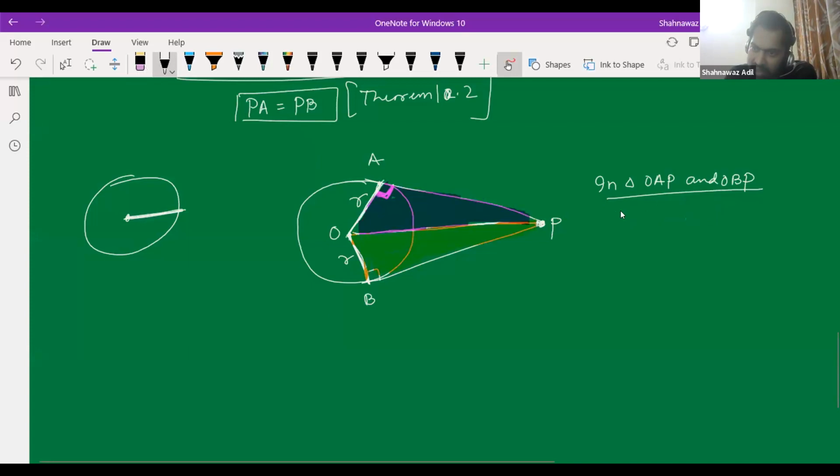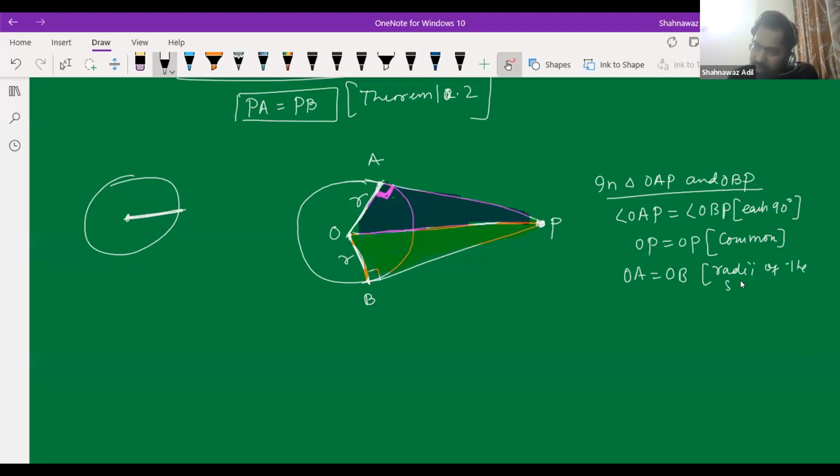First, let us write that angle OAP equals angle OBP, each 90 degrees. And then OP equals OP, that is common. And then OA equals OB, these are radii of the same circle.